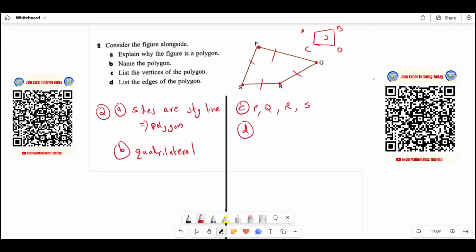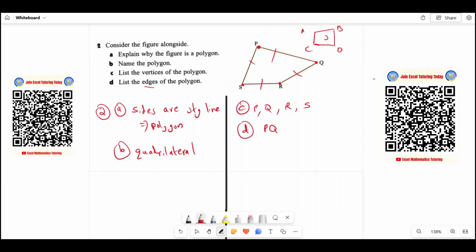And coming to D, list the edges of the polygon. Edges means nothing but the sides; sometimes the question may ask to list the sides of the polygon or list the edges of the polygon. That's just the way of asking the question. How many edges for this polygon? Usually we name them according to the figure.